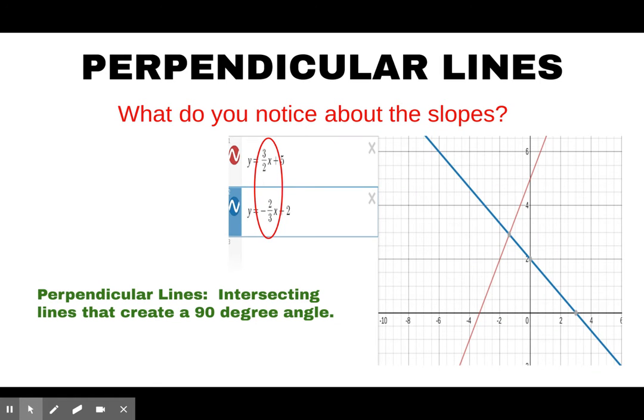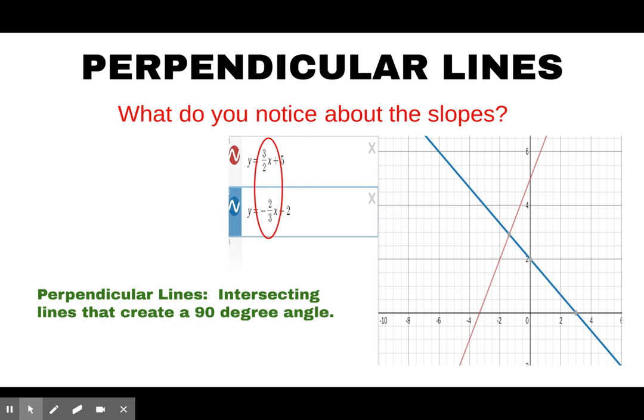So here are two lines graphed, and these lines are perpendicular lines. Now, you probably learned this back in fourth or fifth grade or earlier, that perpendicular lines are intersecting lines that create a 90-degree angle. But what we want to look at today is the question, what do you notice about the slopes?